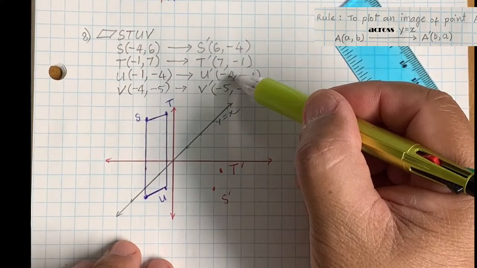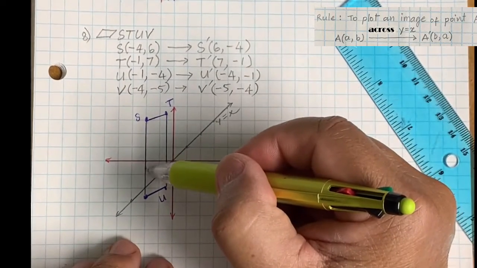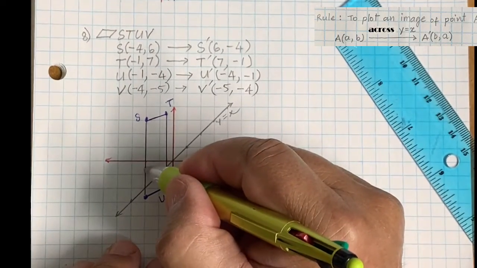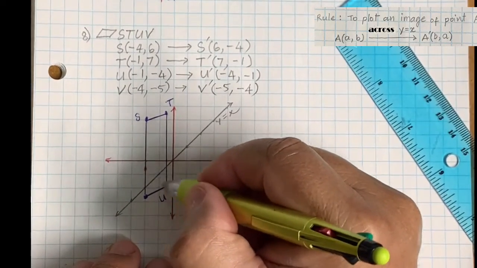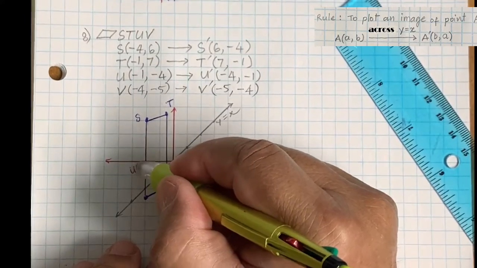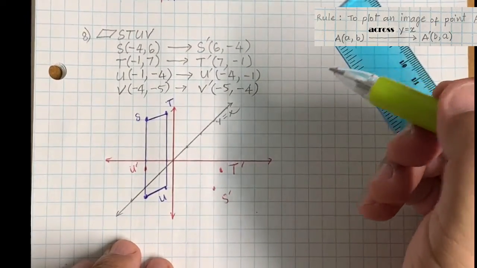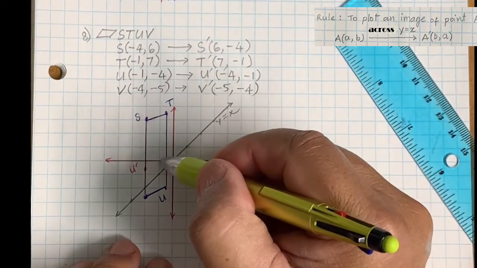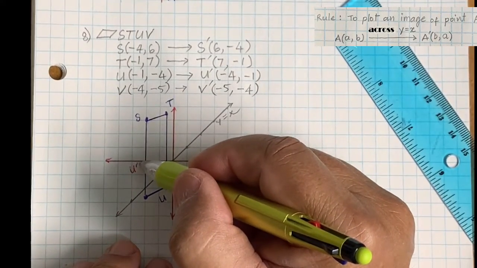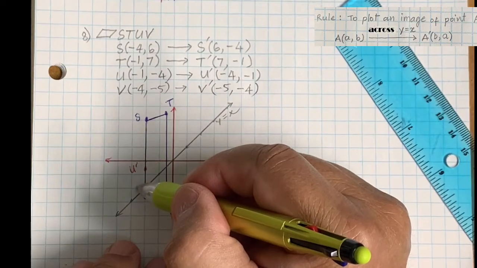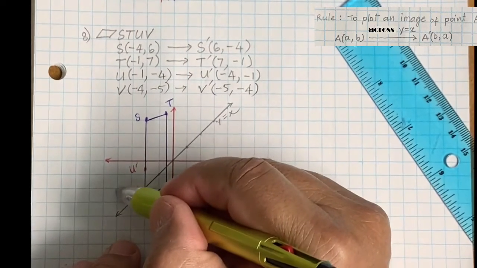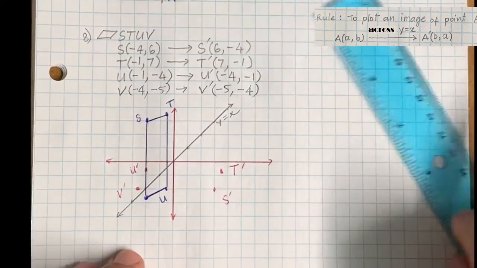U prime is, yeah, look, right here, you want to check. So that's U prime. And then V prime is (-5, -4), so it's down here. That's V prime.